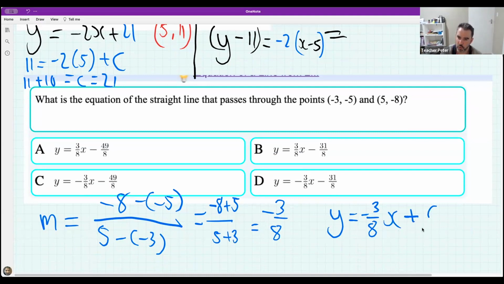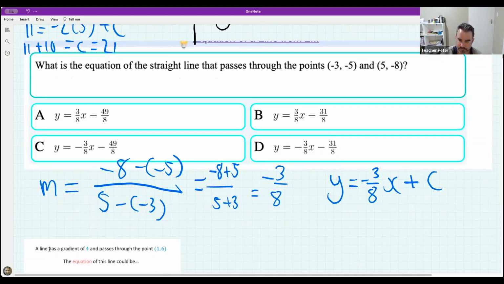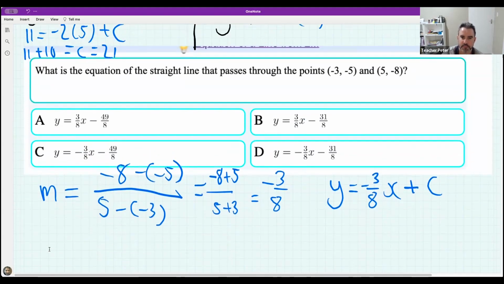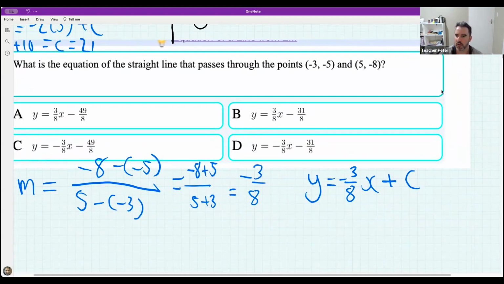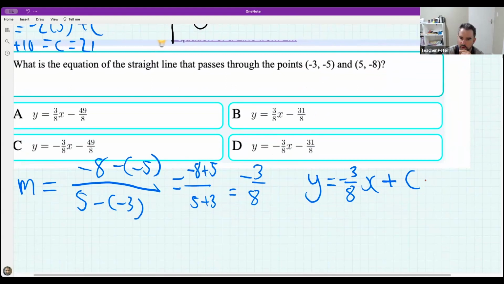Okay, which of the 4 do we think is the correct one? It seems like our gradient should be minus 3/8, but now we have to find C. And so we need to see what point would be easy.